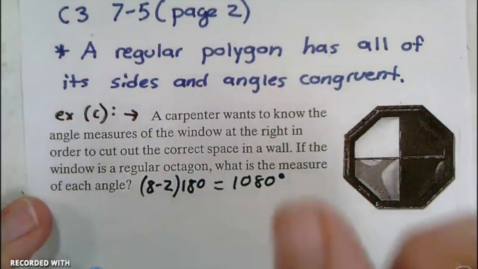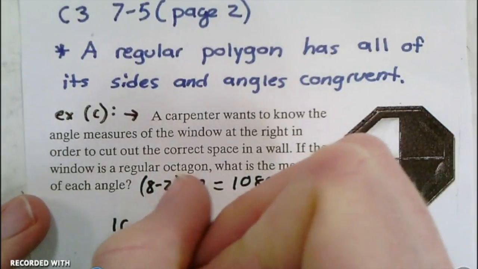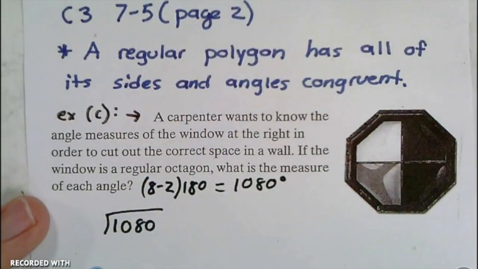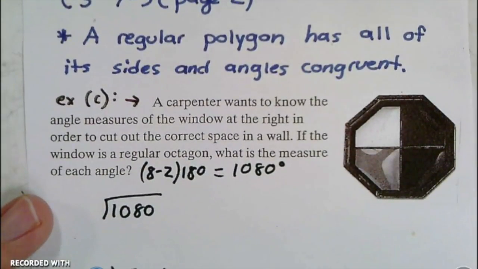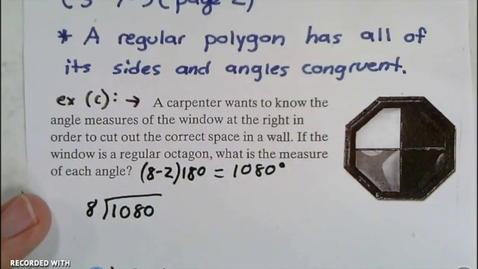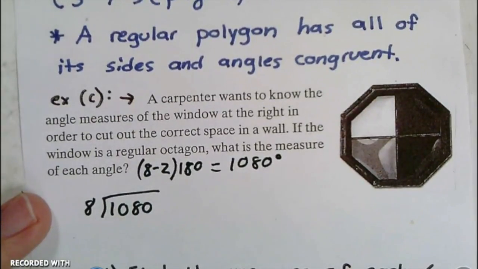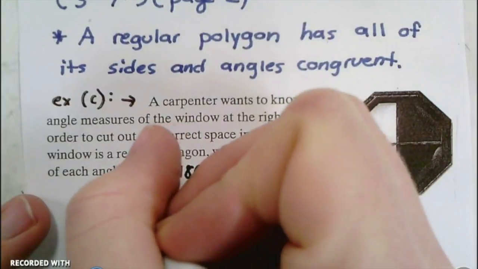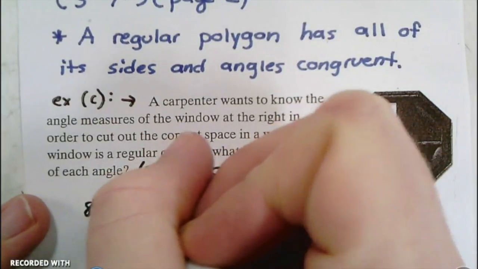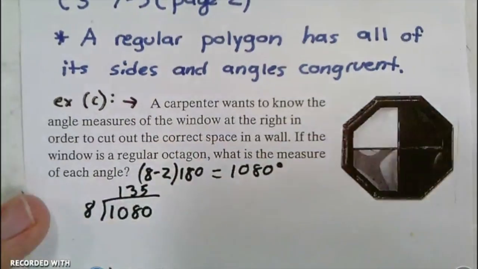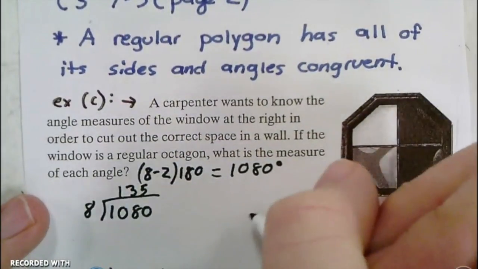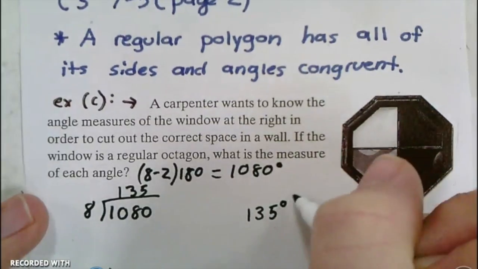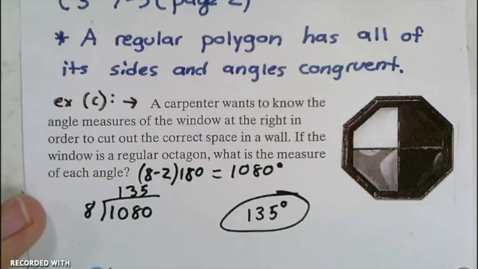And now my second step is going to be to take 1,080 degrees and divide it by, what do I want to divide it by? Good, 8. And I used my calculator for that, and I found out that the answer was 135. So each of those angles is going to be 135 degrees.